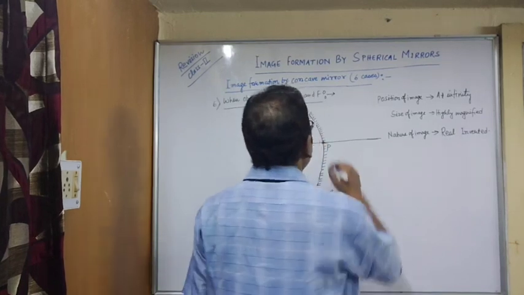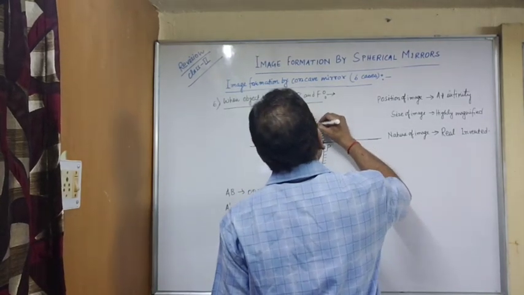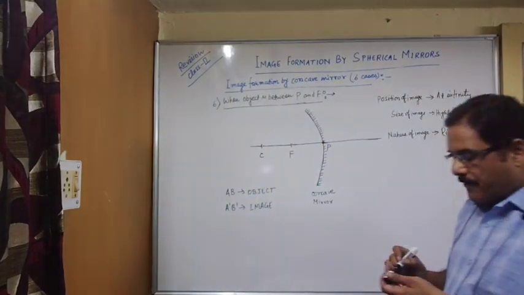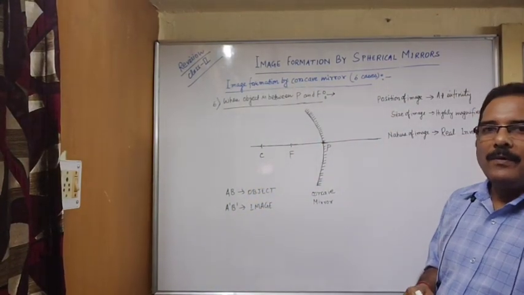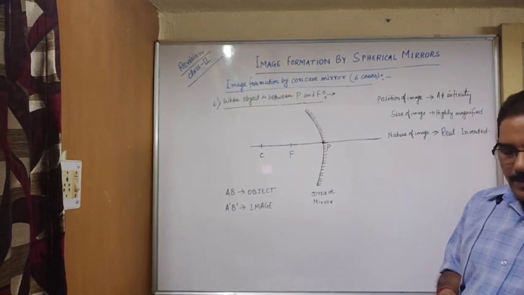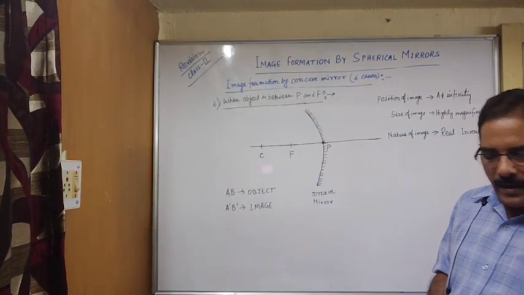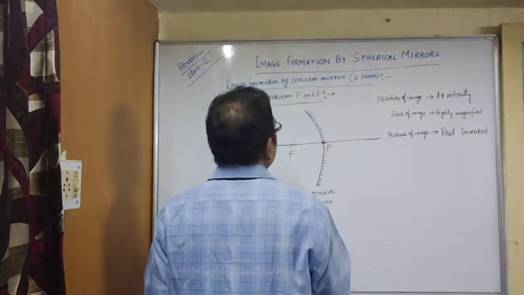So in all the cases, this much drawing is common. Now this time we will place the object between P and F. So let object be somewhere here.